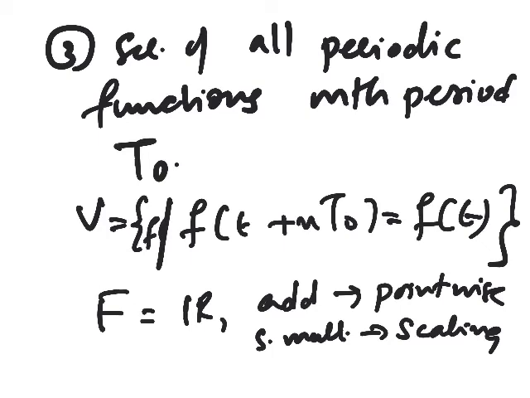What I am saying is, you take all functions which repeat with time period t naught. The meaning of this equation is, I am considering all functions which repeat at an interval of t naught. The function repeats itself. It's a periodic signal.